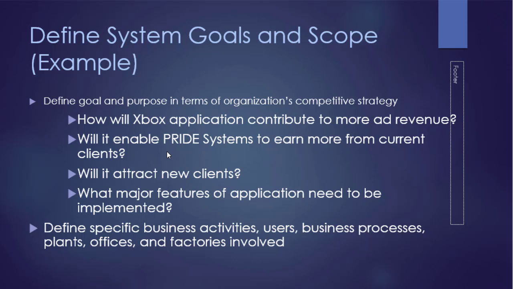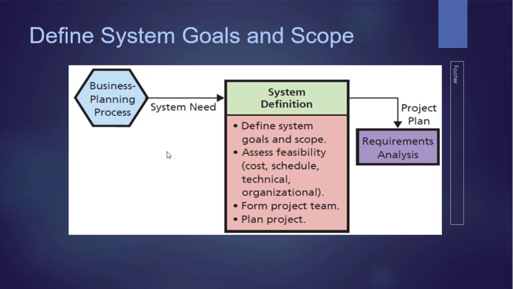So these are all things that you would need to ask yourself during the system definition. That economic feasibility is probably one of the big things that you want to look at. If the costs don't outweigh the benefits, then you're not going to continue on with that project, or it would be a waste of money.